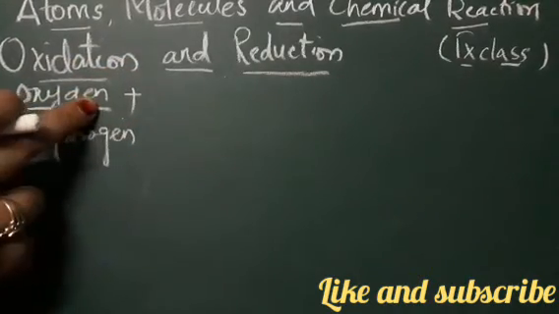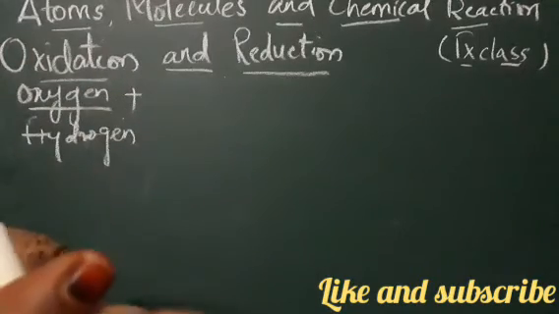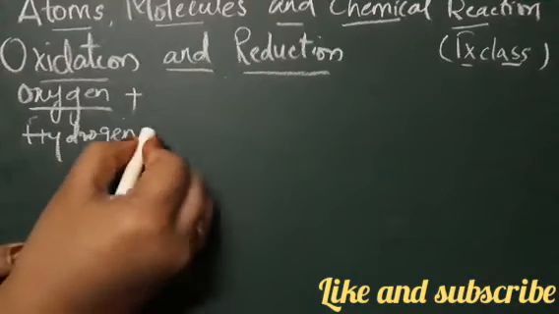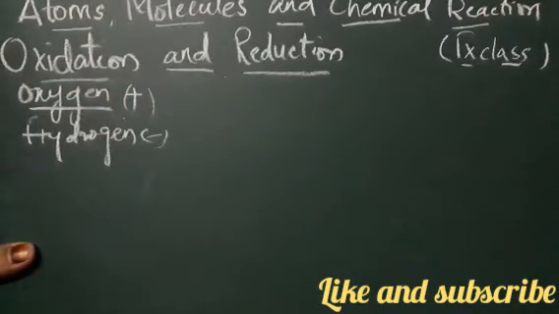When you are adding oxygen, definitely one bond of hydrogen will be released. One hydrogen atom will move, then only one oxygen atom can be added, isn't it? So removal of one hydrogen atom and addition of one oxygen is called oxidation.